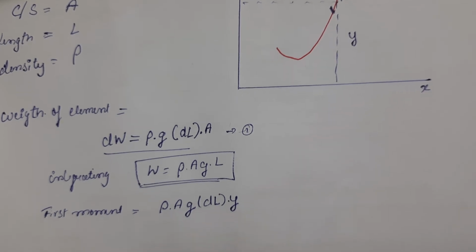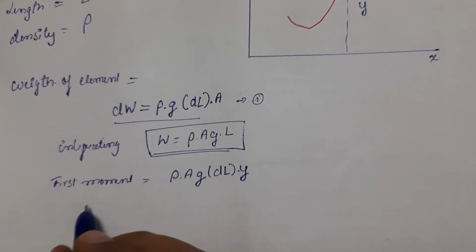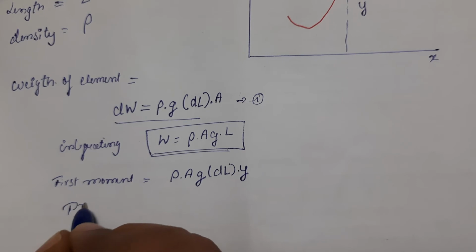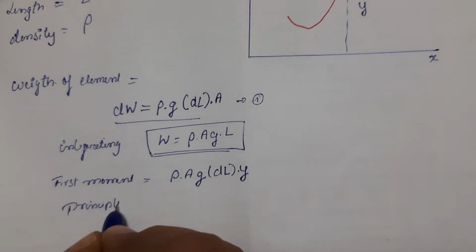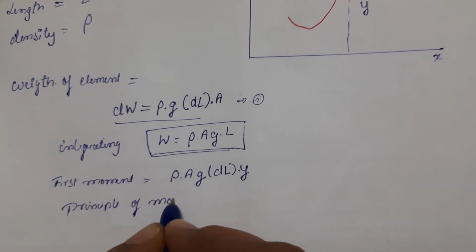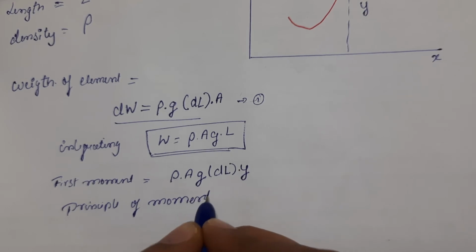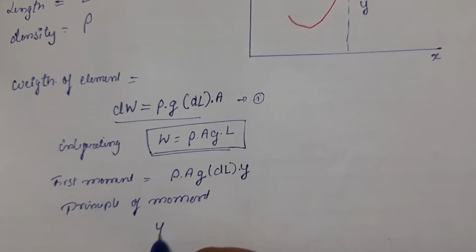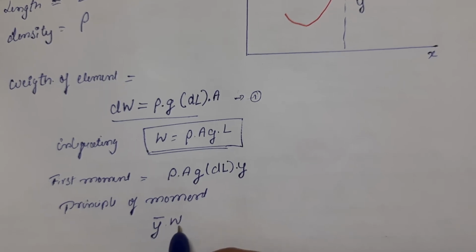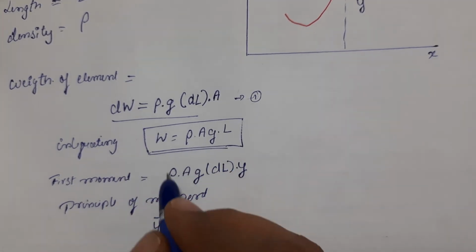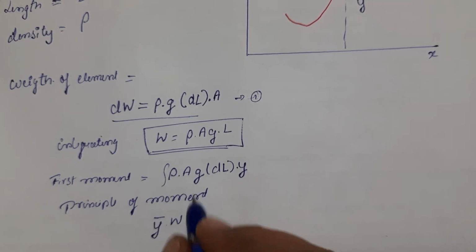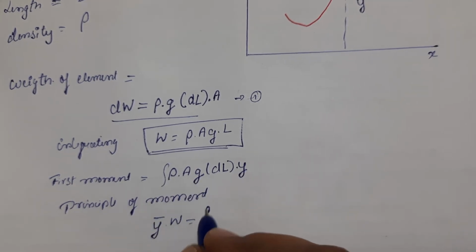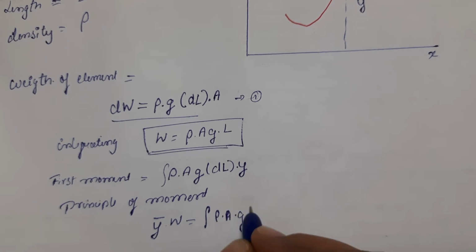So we can write down this equation, by using principle of moment, that is y dash into W, that is the whole weight of the wire, will be equal to integration of rho A g dl into y.